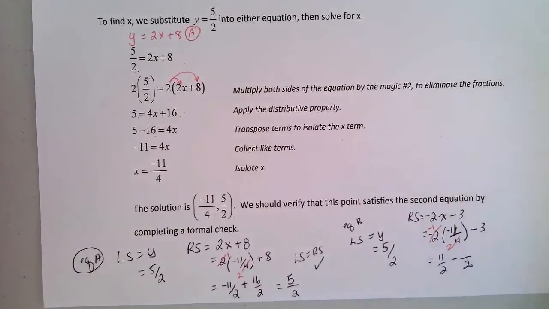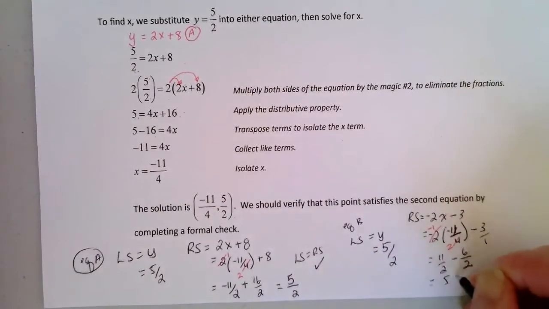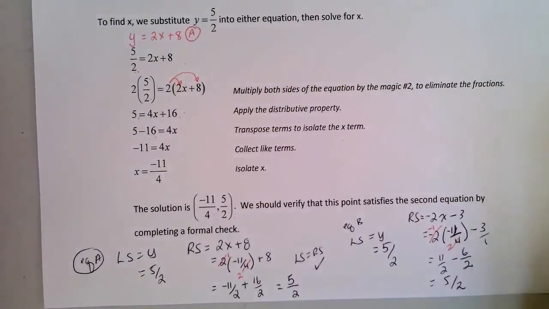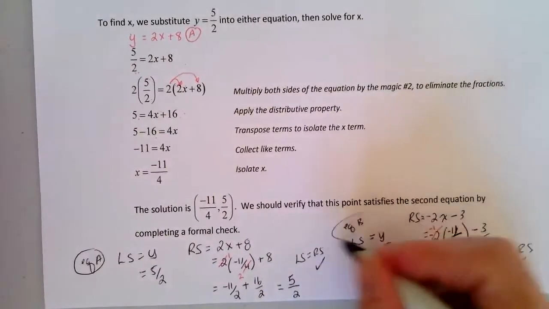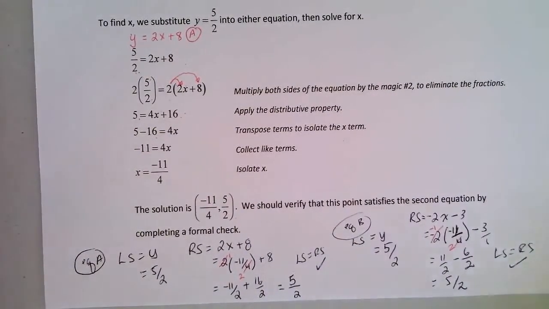And I know that this needs to be a fraction, so I'm going to convert that to an equivalent fraction. So now we're going to subtract the numerators. 11 take away 6 is 5 over 2. So there we go. Left side is equal to right side in both equation A and equation B. And so now I'm confident that we do in fact have the correct solution.